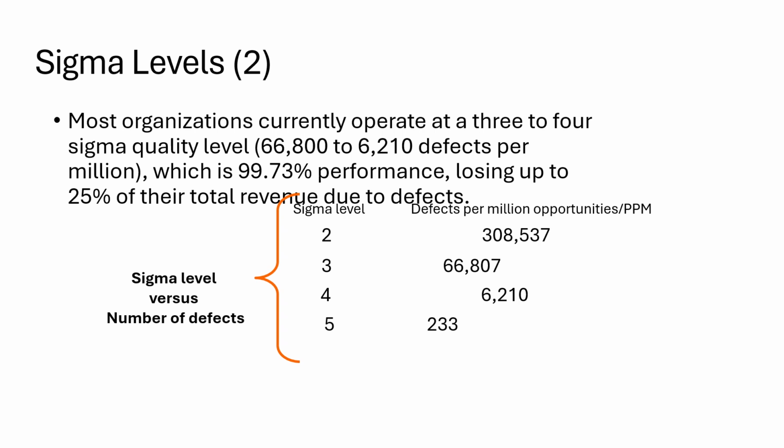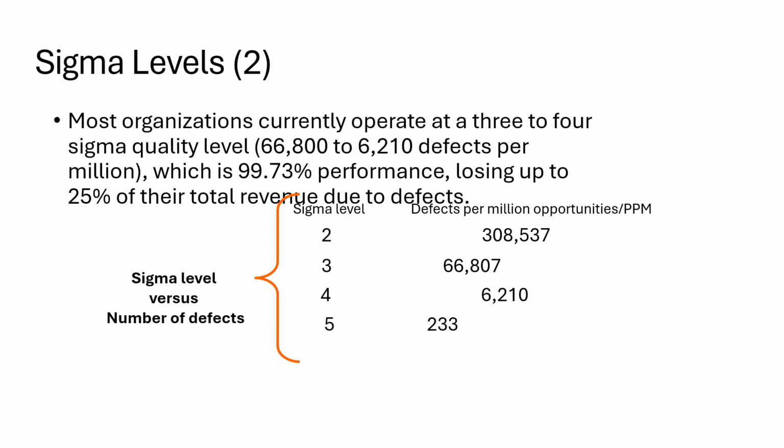Let's say the rear view mirror of a vehicle. If you're operating at a 4 sigma level, if 1 million rear view mirrors were produced, only 6,210 of those would be defective.